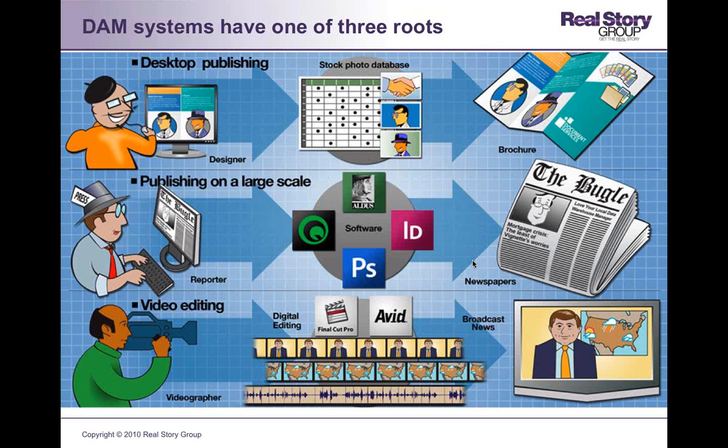You know, web content management systems, for example, are not designed to create print output. They're just not. Whereas many of the digital asset management vendors come from print backgrounds, and in fact the technology was designed to output to print formats. Either a small print format such as a brochure, or a large-scale format such as a newspaper, a magazine, a catalog.